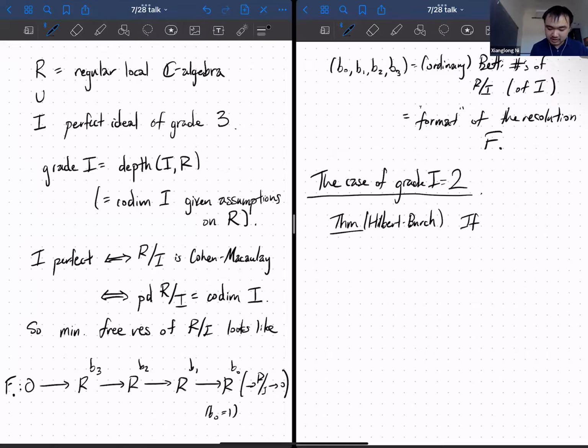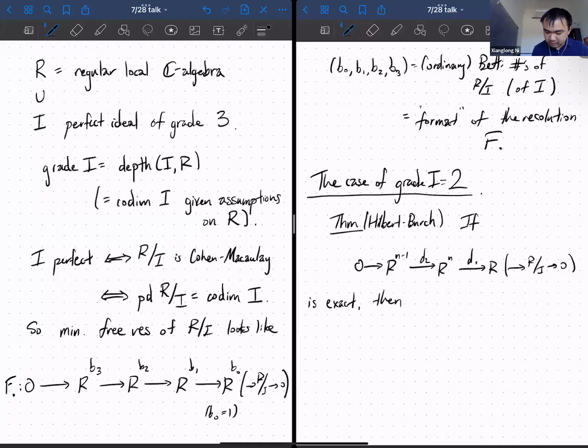So if we have a free resolution of this form, then d1, the generators of this ideal I, is given by some non-zero divisor times the matrix of maximal minors of d2.